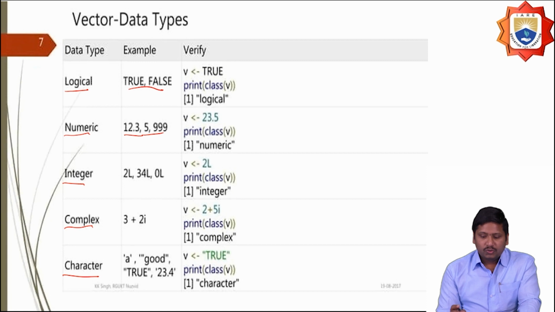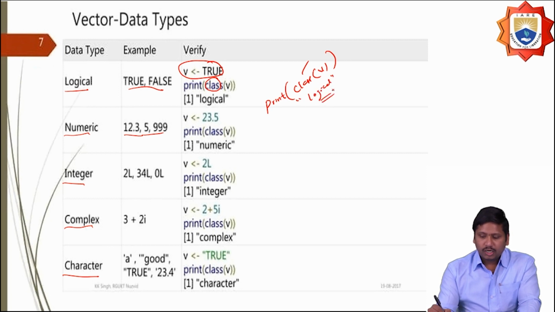If I want to know what type of variable it is, we have a function called class. If I write print(class(v)) where v is equal to TRUE, it is represented as the logical data type.